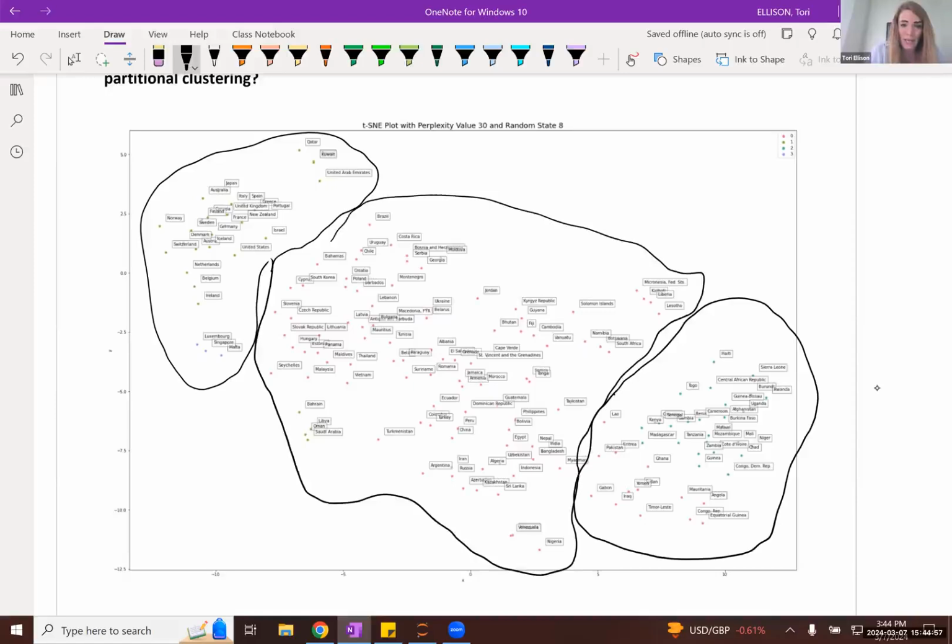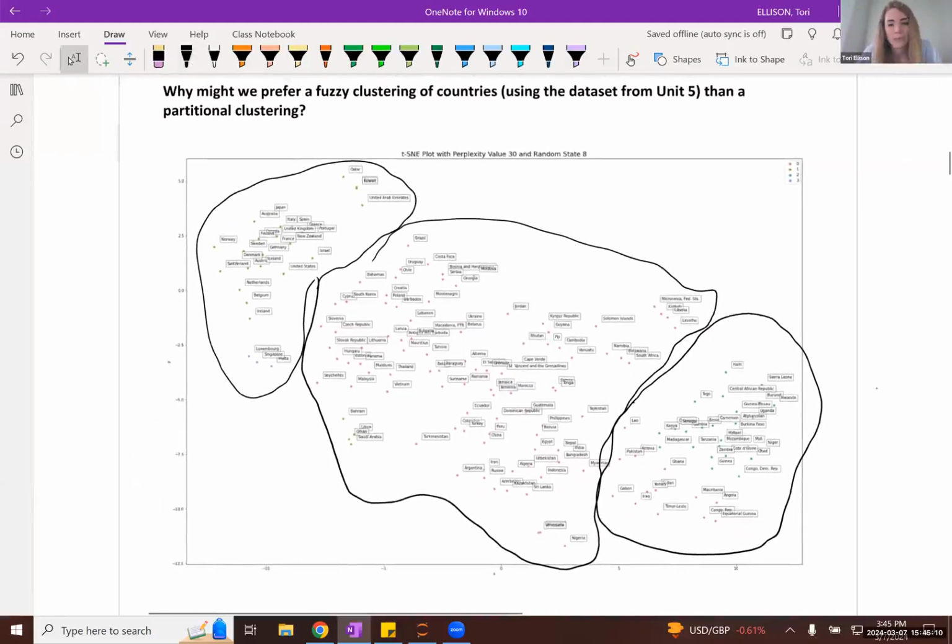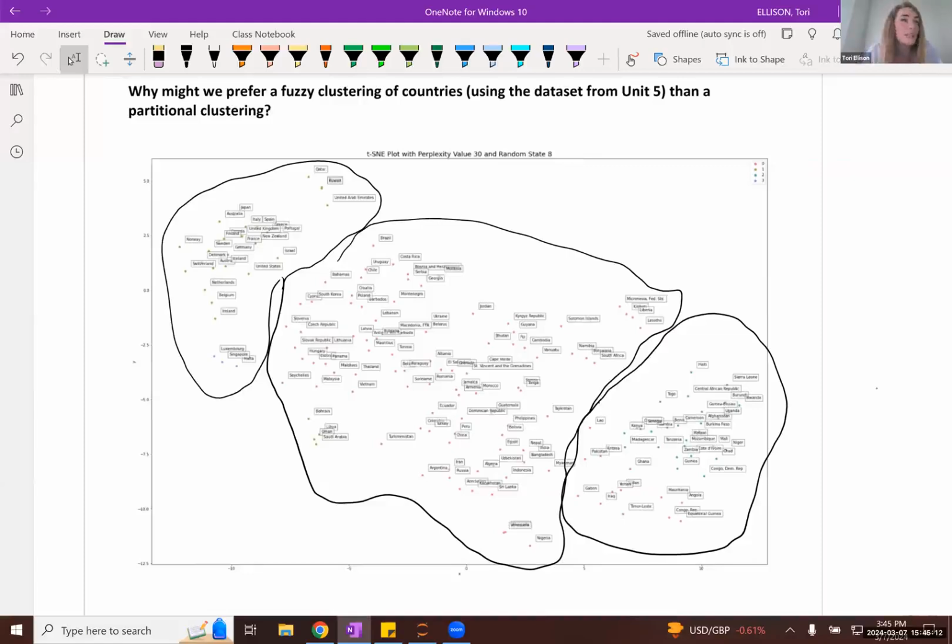One example of how you might use clusters of countries is that the UNFCCC uses country categories to determine how much a particular country should contribute towards mitigating greenhouse gases.